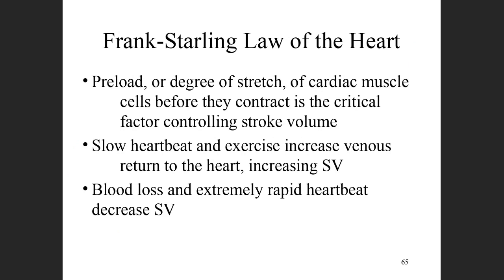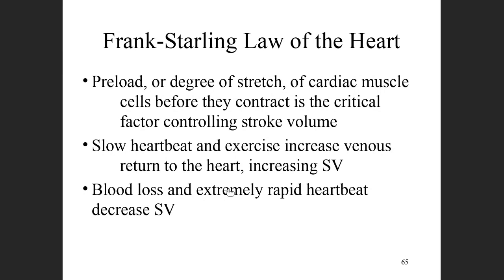All right, so here shows you the Frank-Starling law of the heart. Mechanistically, it is affected by the preload, the degree of stretching, which is critical for it. With a slow heart rate or exercise, venous return increases and the stroke volume increases. So basically, when you exercise, more blood comes back to the heart, and it's going to eject more.